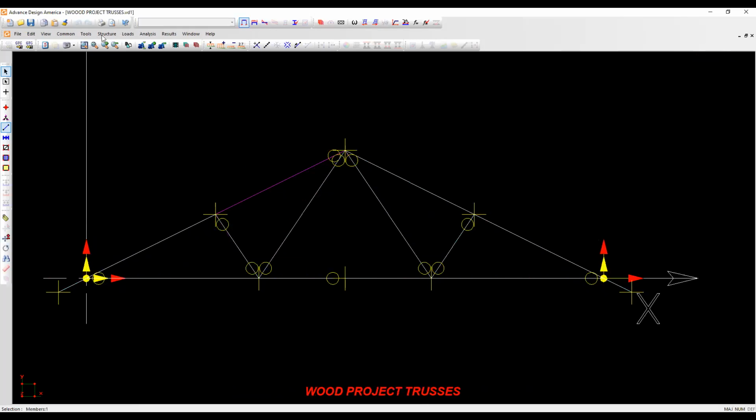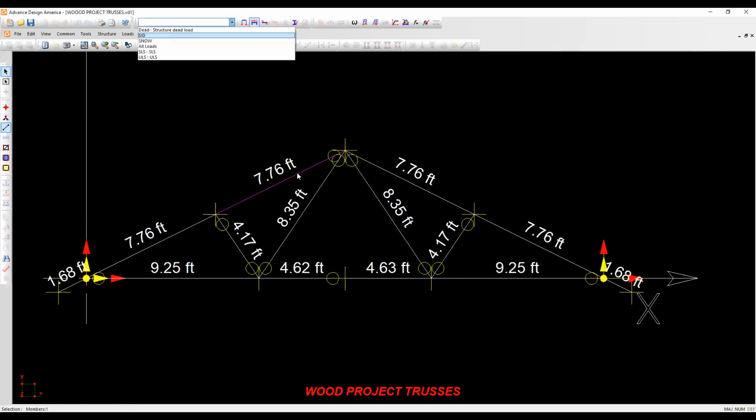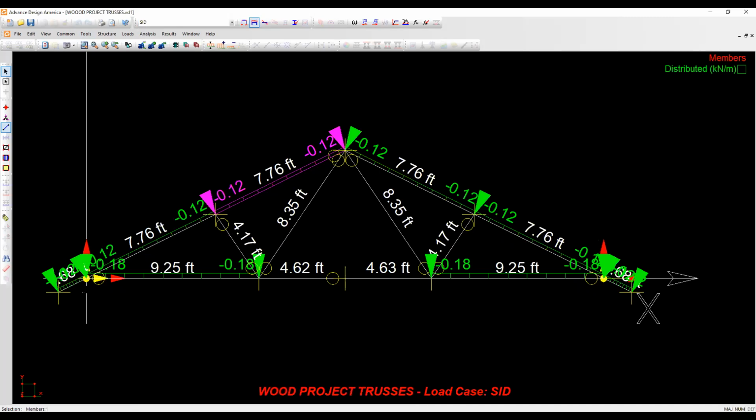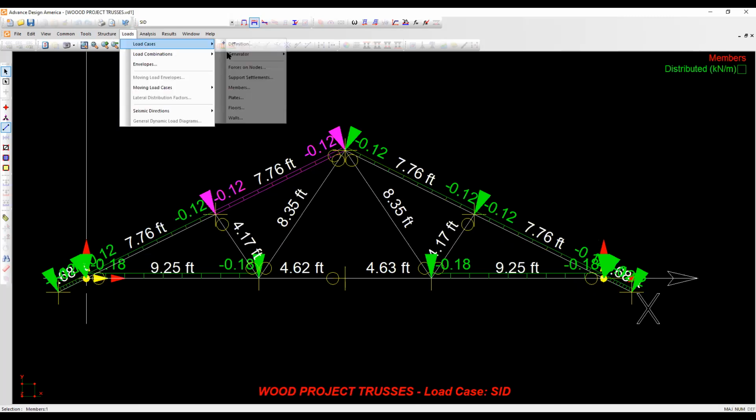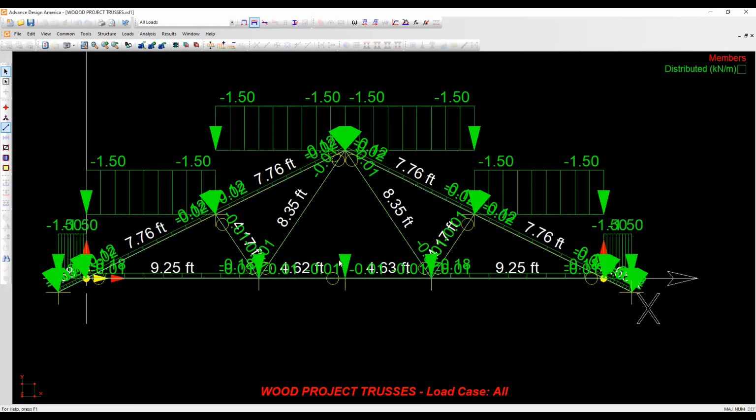So now, can I see your loads? Sure, right here. Put all the loads on at the same time. All loads. Okay. So here, for some reason, you don't have a load on this member here.